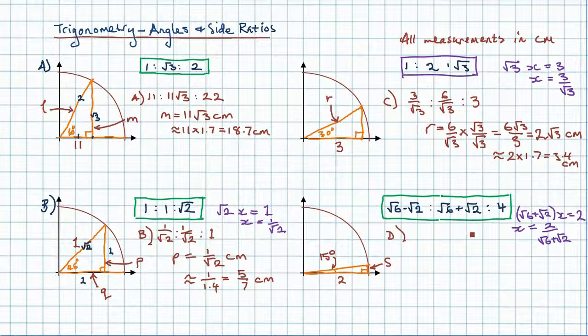Well, we know that everything gets multiplied now by 2 over root 6 plus root 2. So this short side is going to be this one here, root 6 minus root 2. Right?